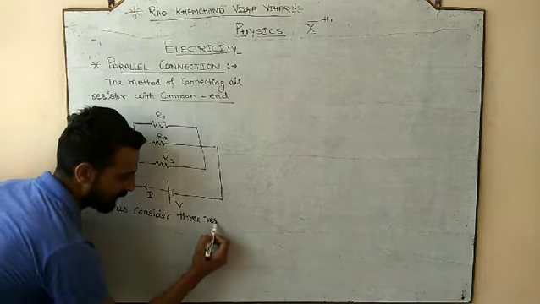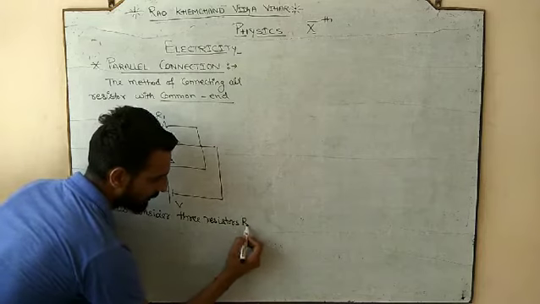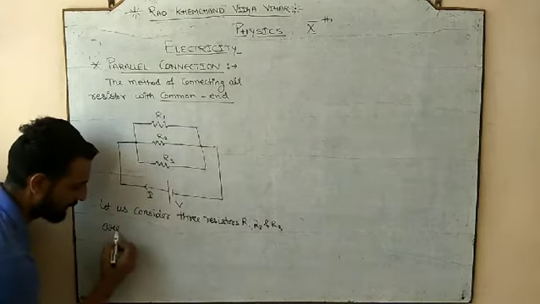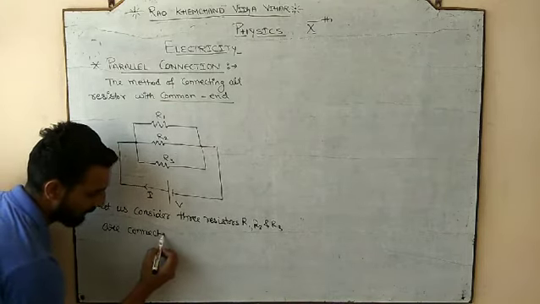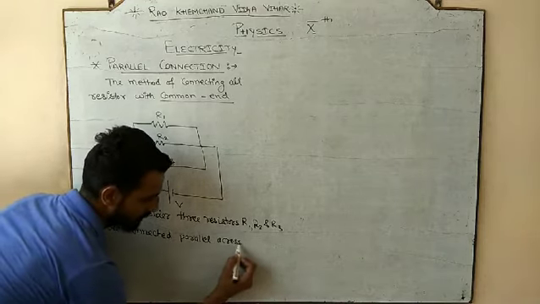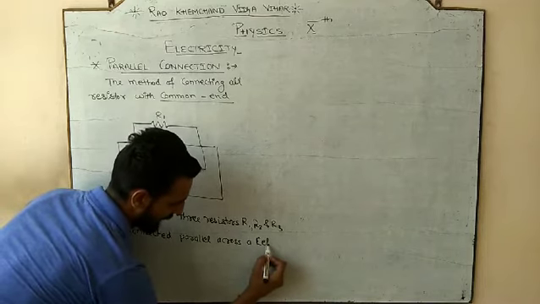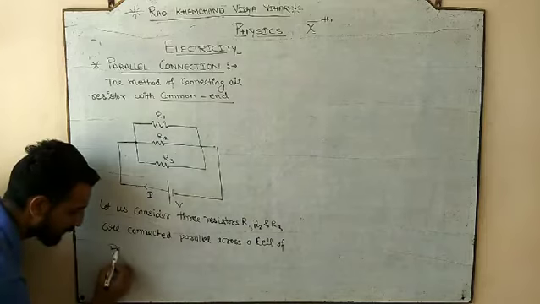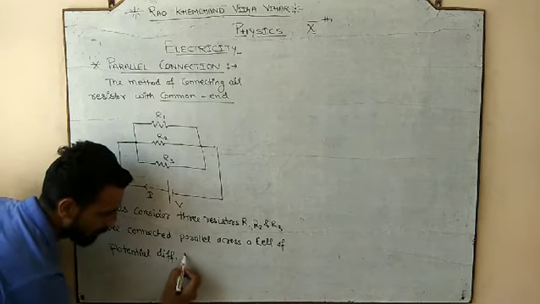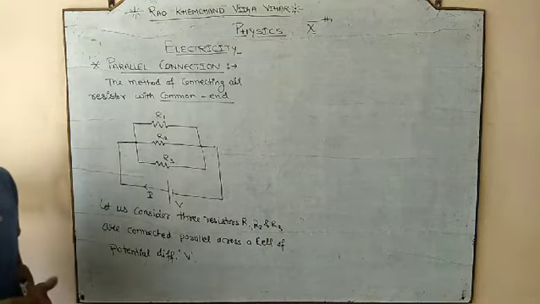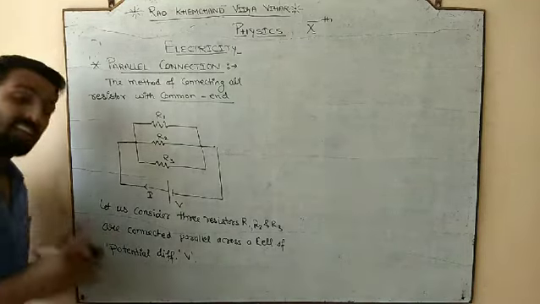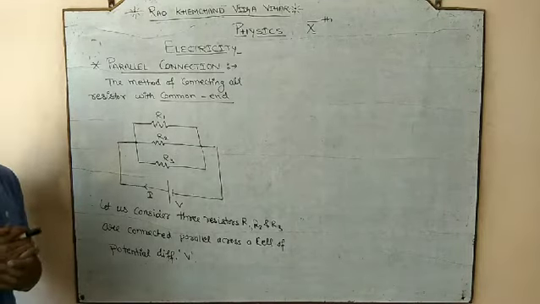I am again taking the three resistors R1, R2 and R3 connected parallelly across a cell of potential difference V. So here we are again using three resistors R1, R2 and R3, which are connected across the cell of potential difference V, and which gives us the current I.